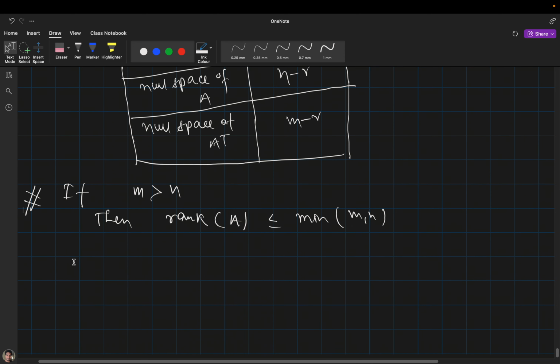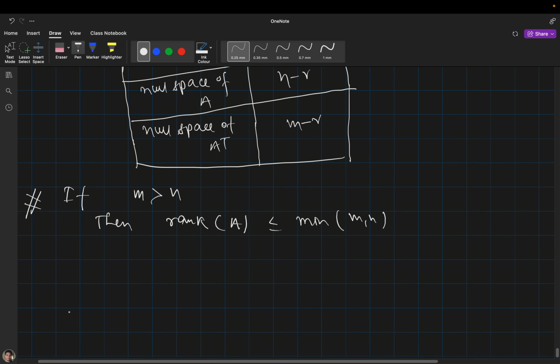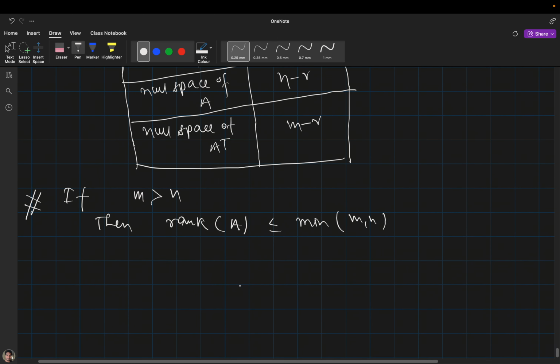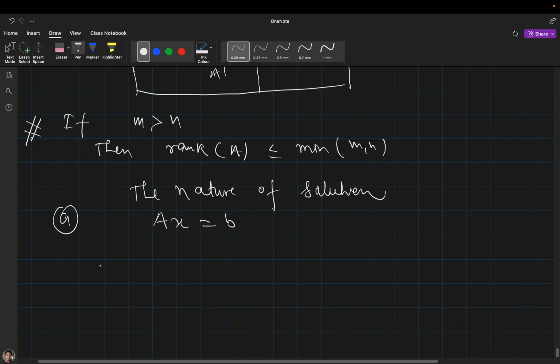After completing this, we can summarize the nature of the solution. First, if it is in the form of Ax equal to b, then it will have two conditions.